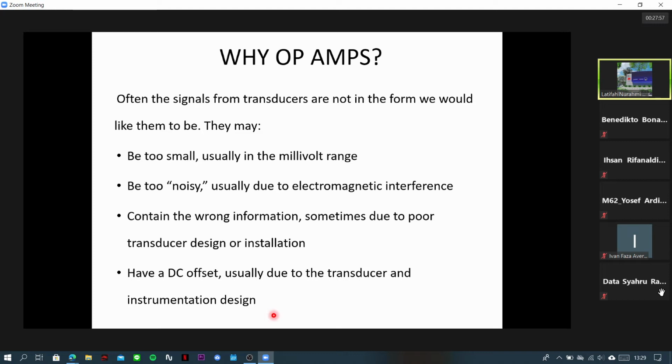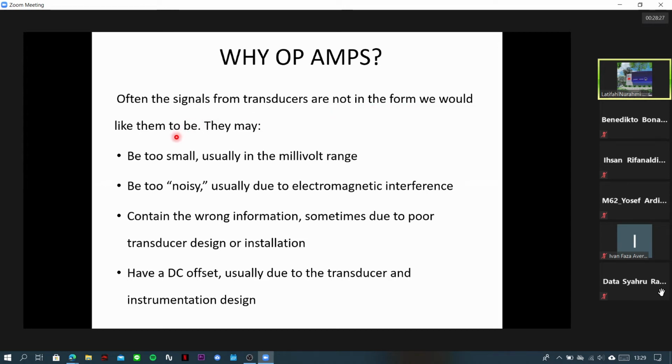Now the question: why should we use op-amps, operational amplifiers, for our system? Let's say you are designing a system, and do you need an operational amplifier or not? We need to understand, okay? Often the signals from transducers are not in the form we would like them to be.